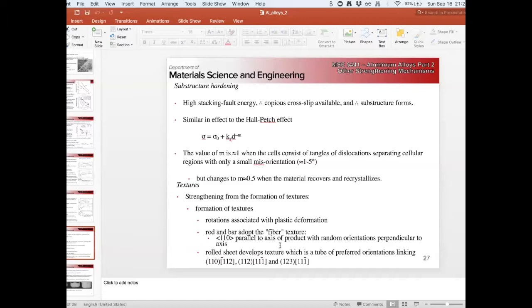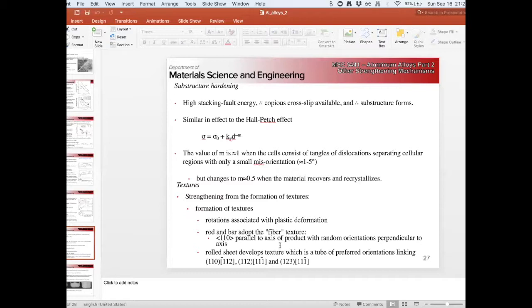What I do think is important is to understand that all of the aspects of microstructure are tied together. Your thermal history and your alloying composition are going to dictate what type of precipitate structure you're going to have. The precipitate structure dictates what's going to happen on deformation.